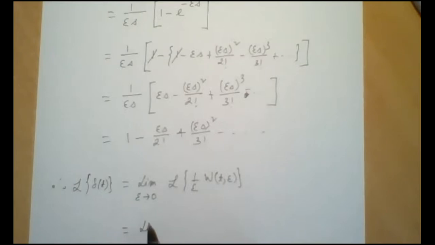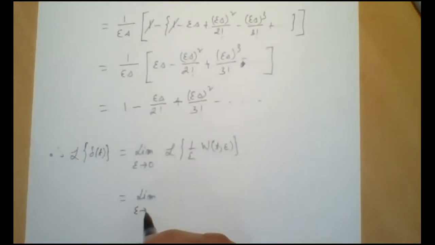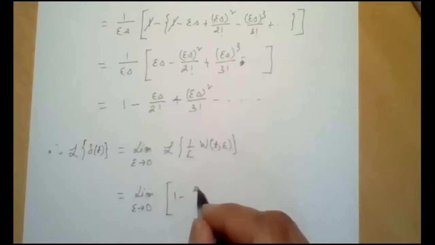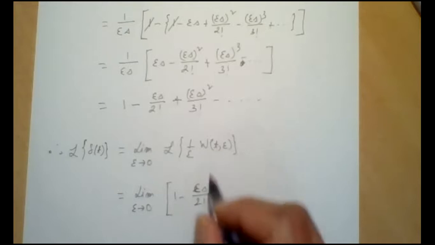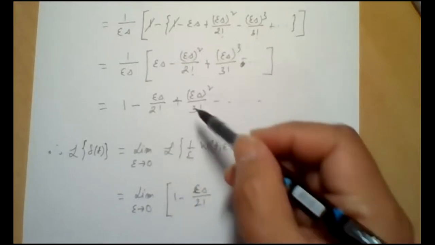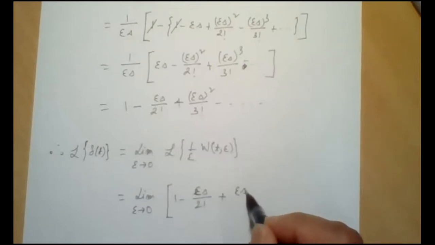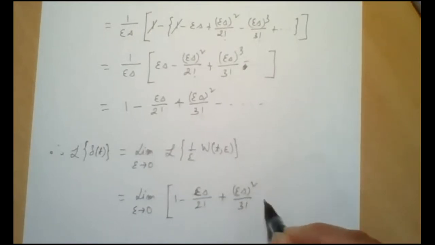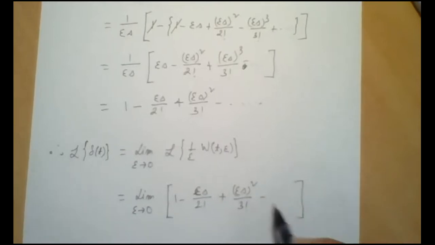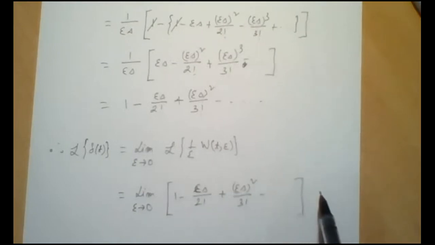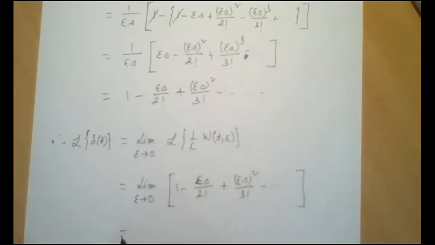This is limit epsilon tends to 0, 1 minus epsilon s by 2 factorial, from this we are simply substituting this expression here, plus epsilon s whole square by 3 factorial and so on. So all other terms will contain higher powers of epsilon s. So when epsilon tends to 0, this becomes 0, this becomes 0, and all higher powers of epsilon will become 0. What remains is only 1. So this is equal to 1.